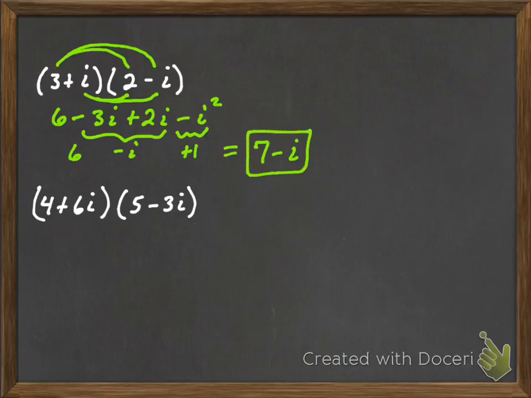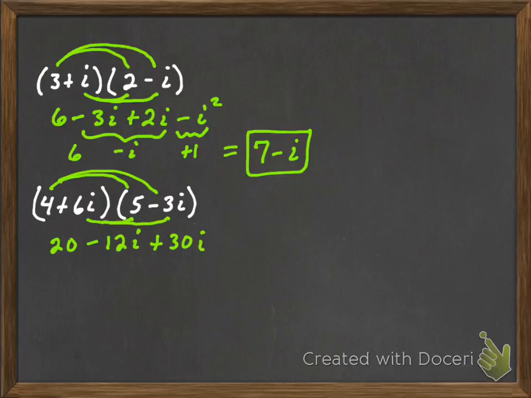And one more of these. 4 times 5 is 20. 4 times negative 3i is minus 12i. 6i times 5 is plus 30i. And then 6i times negative 3i is negative 18i squared.